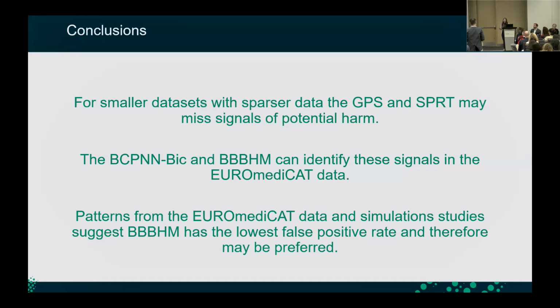So they're hierarchies that are generated from the data itself, rather than using predefined hierarchies, which tend to be commonly used when you're applying a Bayesian hierarchical model to this sort of data, like the WHO-ATC or MedDRA or things like that. So because it's generated from the data itself, you tend to get better hierarchies, and then you've also got the shrinkage that's applied from Bayesian models generally. So that's why the false positive rate is lower.